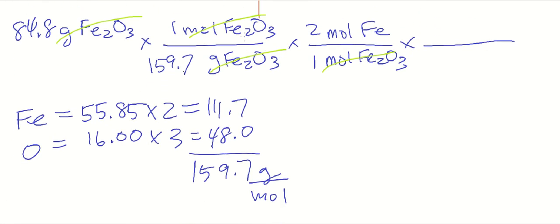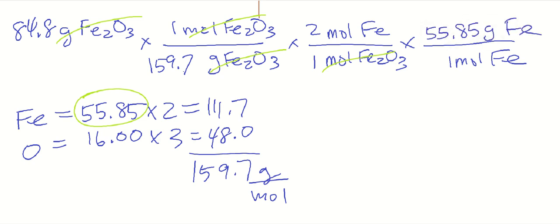I think that's what they meant, find the mass. So let's convert that to mass, iron. We got that earlier, right here. It's the molar mass of iron. 1 mole of iron has a mass of 55.85 grams. Cancel these out.